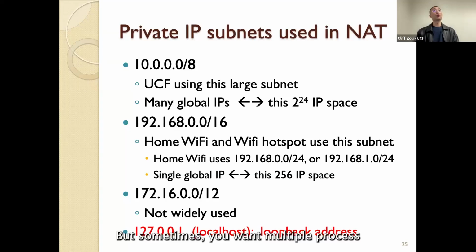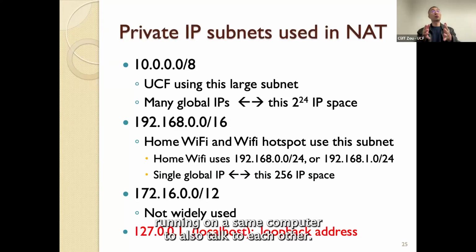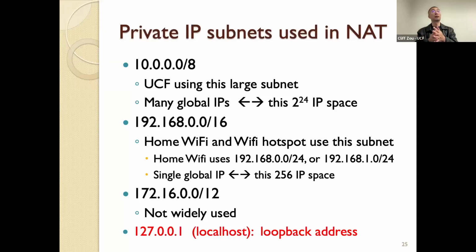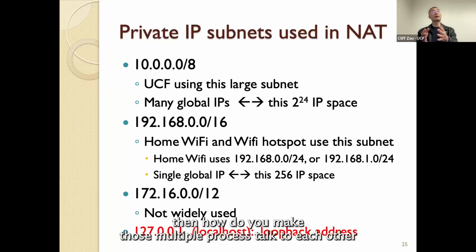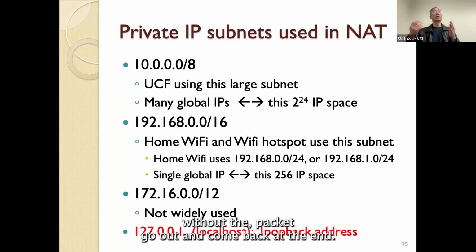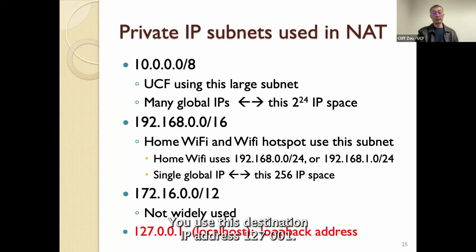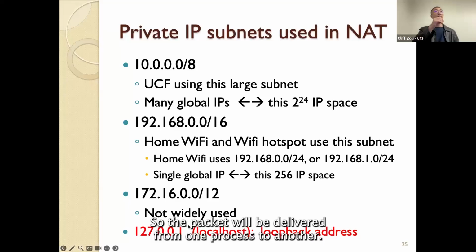But sometimes you want multiple processes running on the same computer to also talk to each other. And if you don't want a different way of programming, you still use this TCP/IP programming. Then how do you make those multiple processes talk to each other without a packet going out and coming back again? You use the destination IP address 127.0.0.1. So the packet will be delivered from one process to another process.